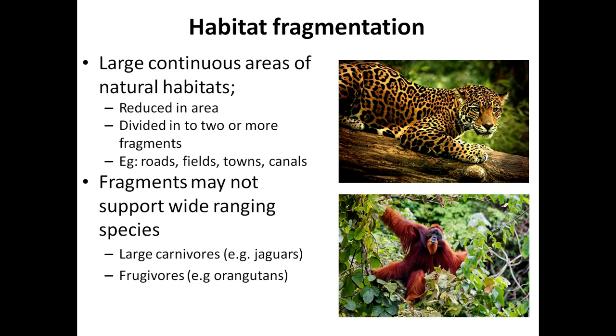And fragmentation is bad because some wildlife need large tracts to complete their life cycles, complete their natural life histories. For example, large carnivores and frugivores. Frugivores are fruit-eating animals like orangutans. They need large tracts of habitat to sustain themselves. Once fragmented, they really cannot support their original population sizes, so their populations will crash.